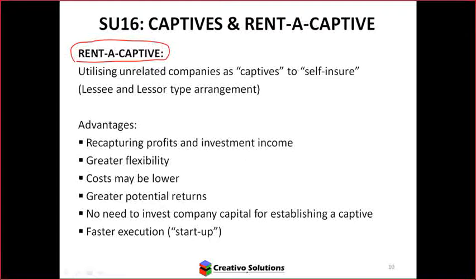Or big multinationals. Let's think about big companies. Your Apple, your Samsung, your Google. Think about the size of the premiums they're paying for all their property, for all their equipment. Must be a lot of money.